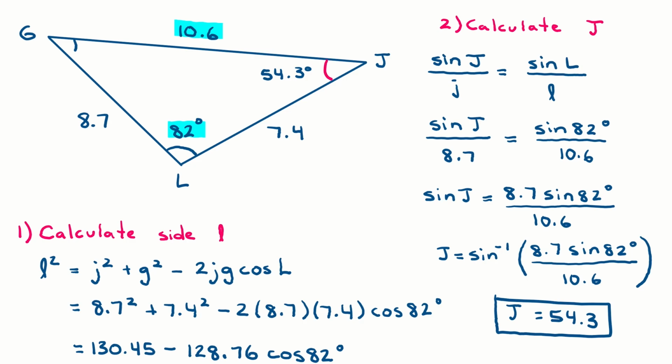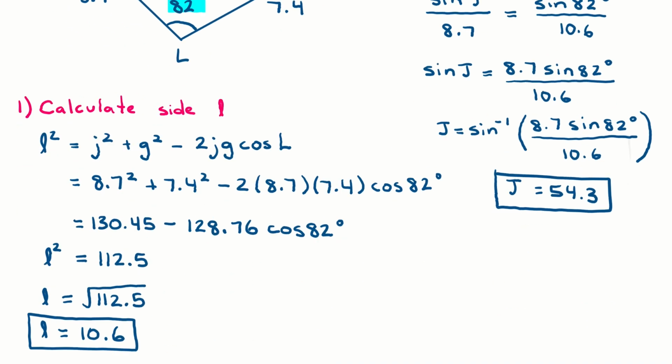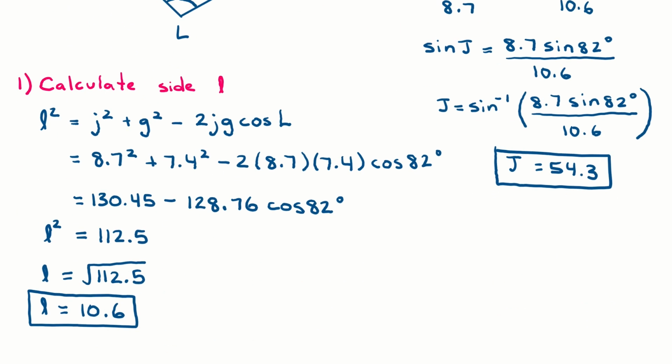Now we just need to find angle G, but again, this becomes quite easy because the three angles have to add up to 180 degrees. So when we go to step 3, which is calculate our final angle, calculate angle G, G is just going to be equal to 180 minus 54.3 minus 82.